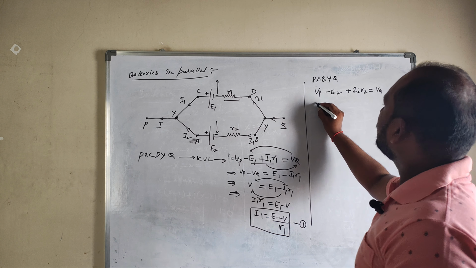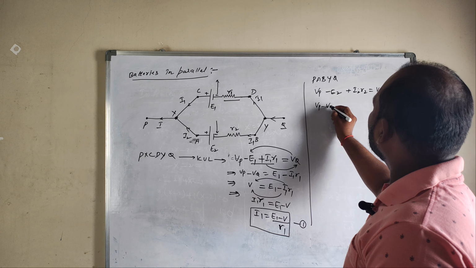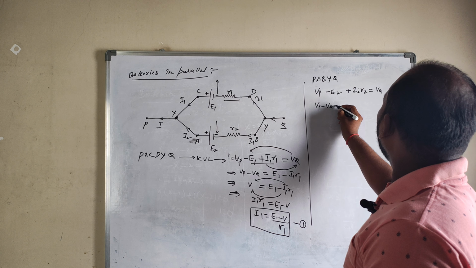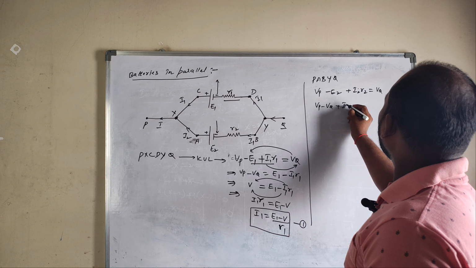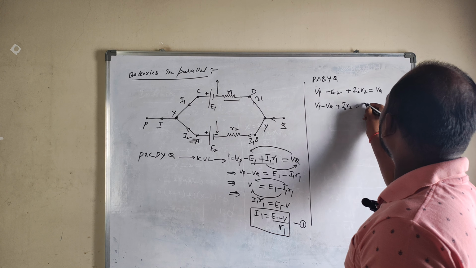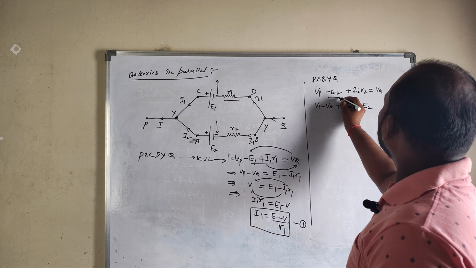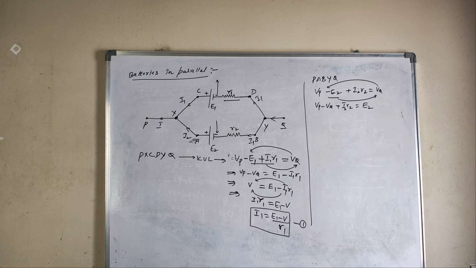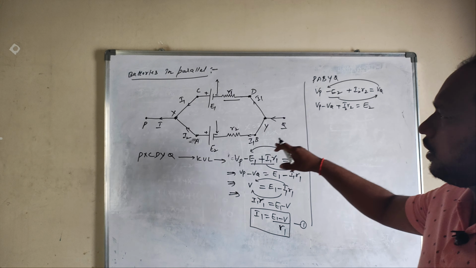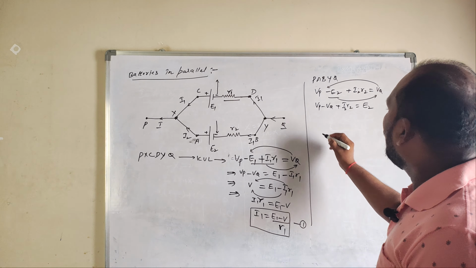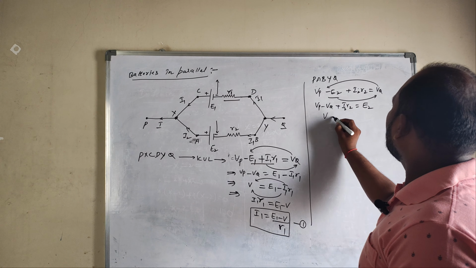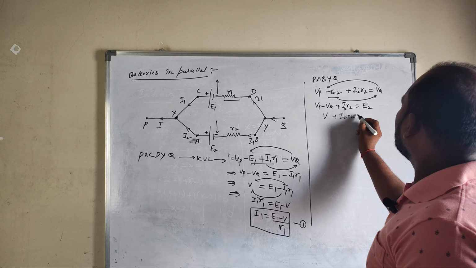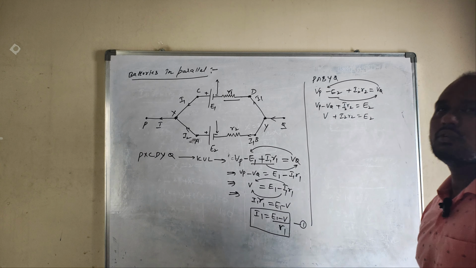So VP minus EQ plus I2 R2 is equal to 0. Now this comes to this side. Now what will happen? VP minus VQ is the potential drop at P and Q, always the potential difference V. So V plus I2 R2 is equal to E2.